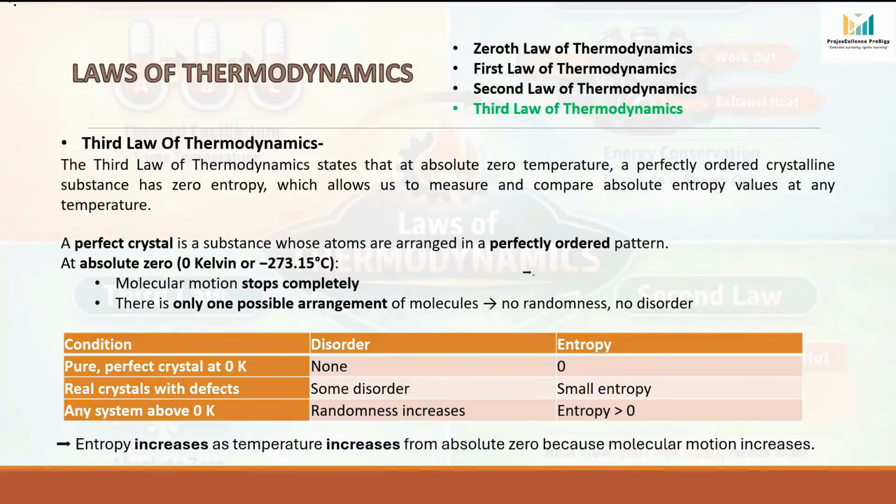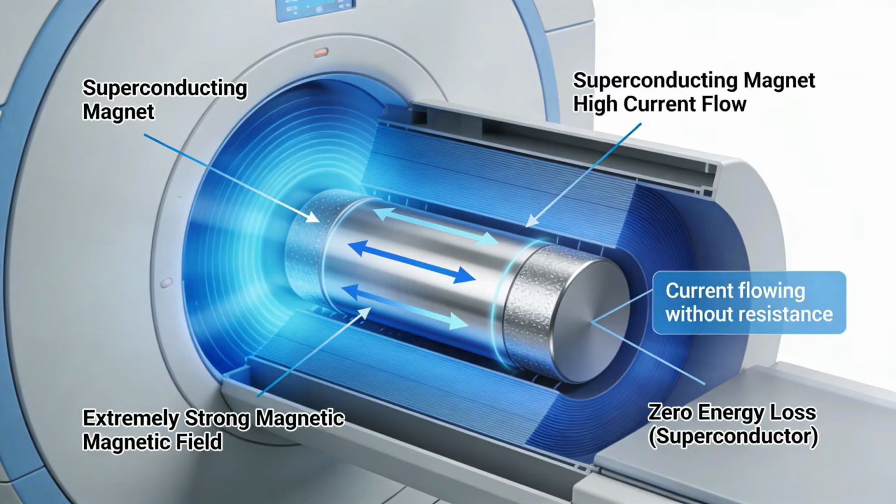Now, this principle is used in some very advanced technologies. For example, MRI machines in hospitals use superconducting magnets to create extremely strong magnetic fields. These magnets require very high currents, and superconductors allow current to flow without energy loss, which makes MRI machines efficient and stable.